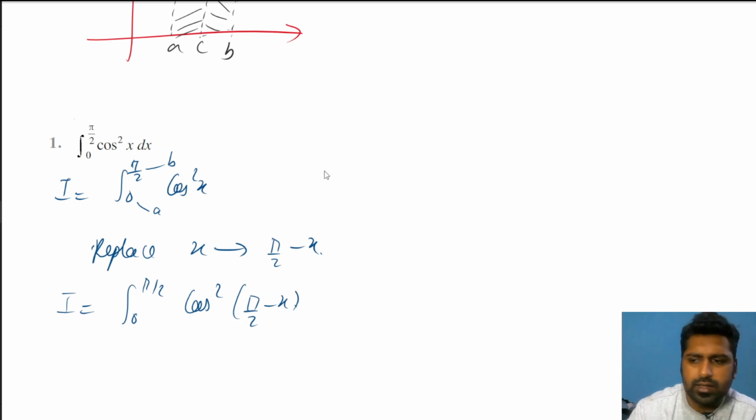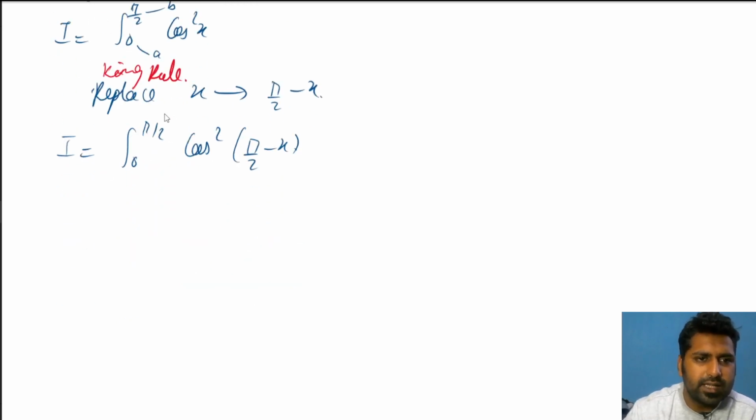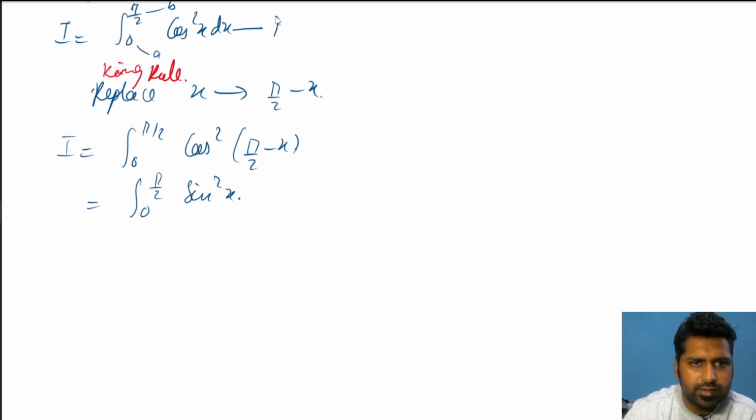This is basically the king rule. What is cos of (pi by 2 minus x)? Sine square x.